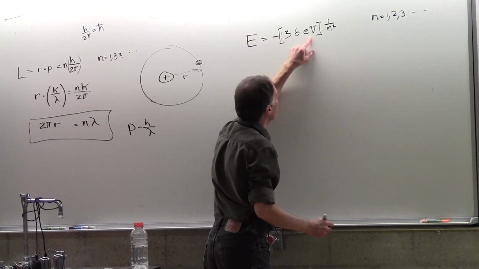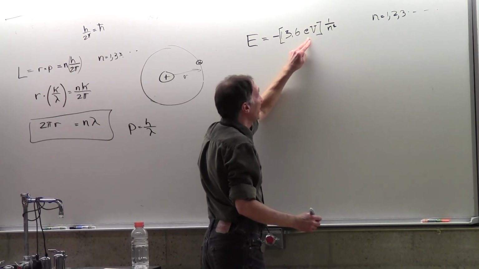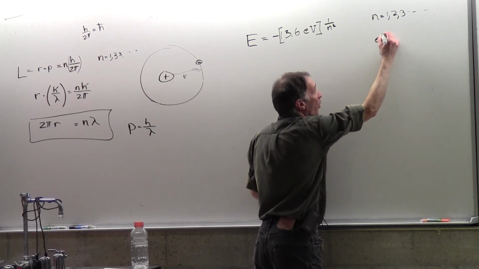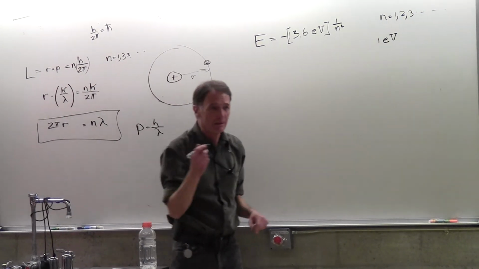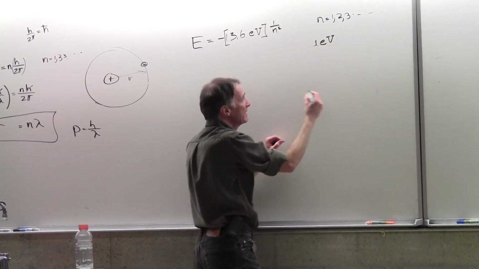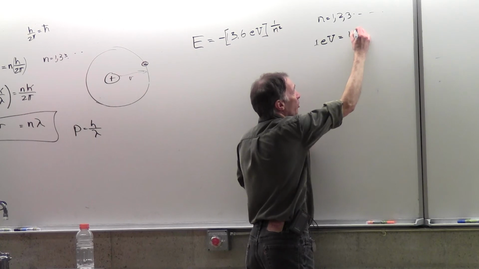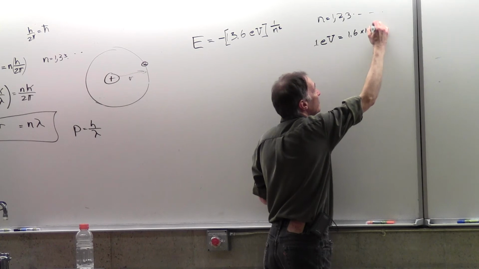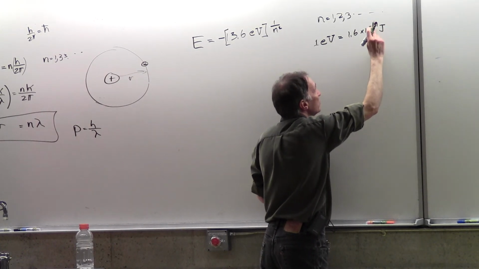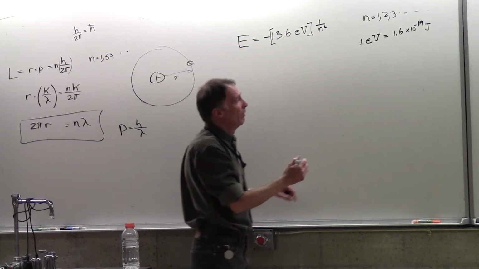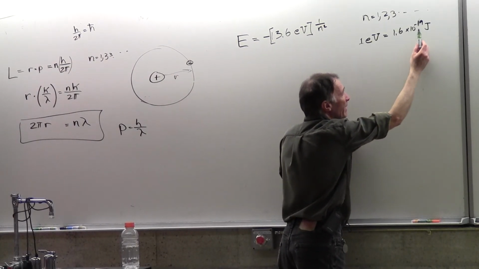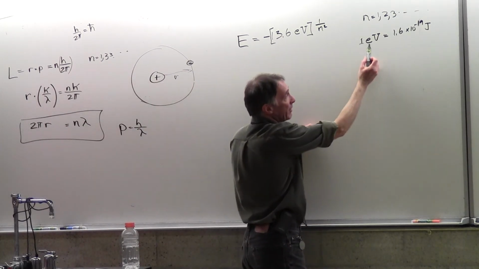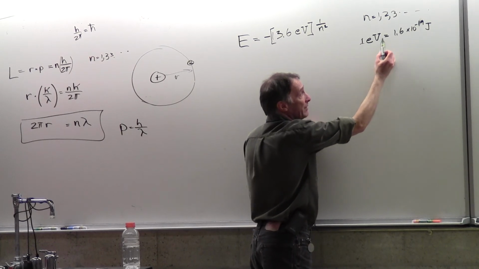Electron volts. Some of you in Physics 122 would recognize that. An electron volt is a unit of energy, and when you see it, just consider that 1 electron volt is 1.6 times 10 to the minus 19th joules. Some of you will recognize 1.6 times 10 to the minus 19th: the charge of an electron. In fact, the electron volt is the charge of an electron times 1 volt.